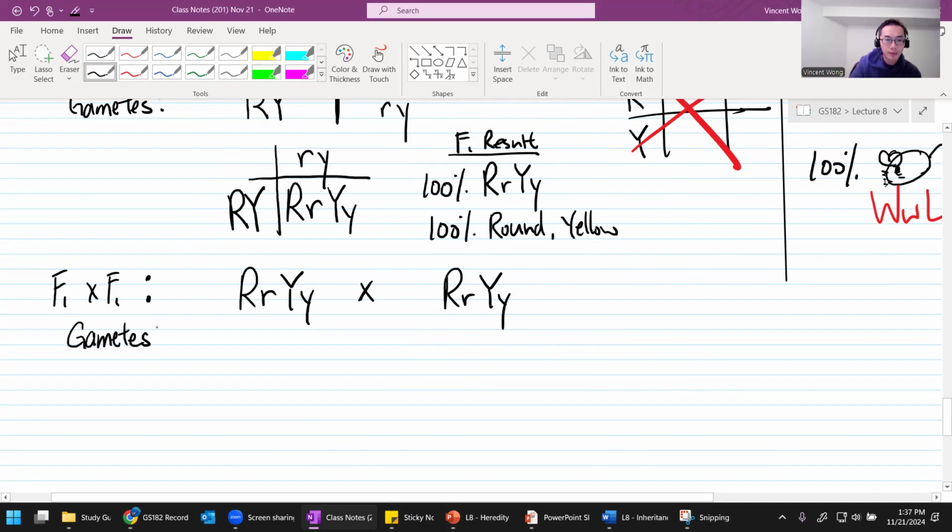First, we have to write down the gametes. So take a moment and do that. Write down all the possible gametes for each parent.